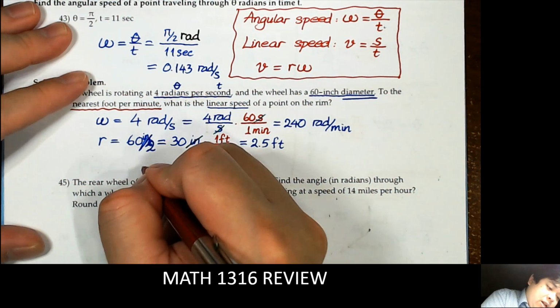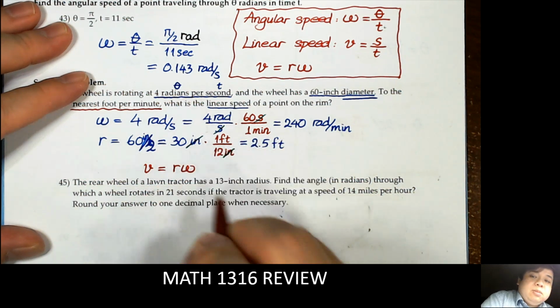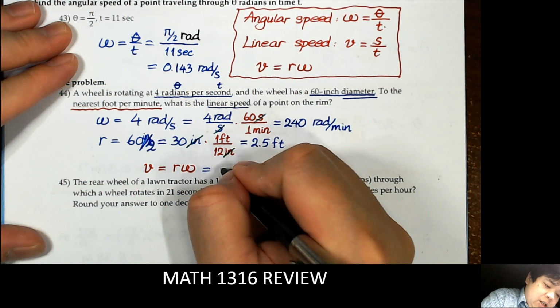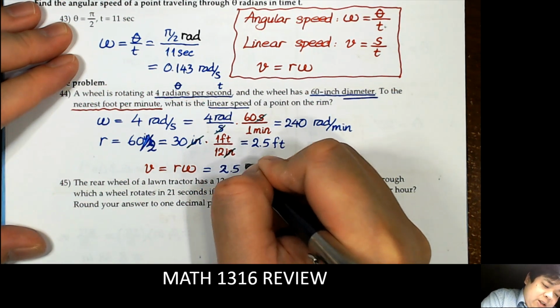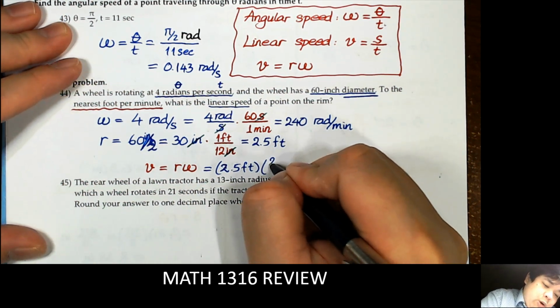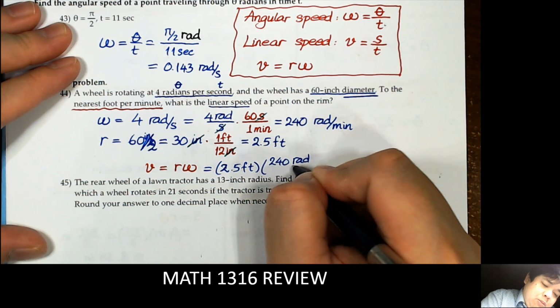The linear speed is v equals r times omega. The radius is 2.5 feet. Omega is 240 radian per minute.